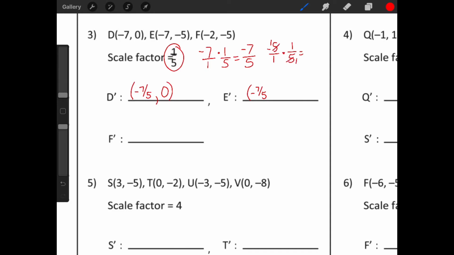Those 5s are going to simplify to 1. And I end up with -1. And then my last one, -2. So if I do -2 times 1/5 in a calculator, I'll get -2 fifths. And then -5, we already did. -5 would become -1 because I already did it over here.